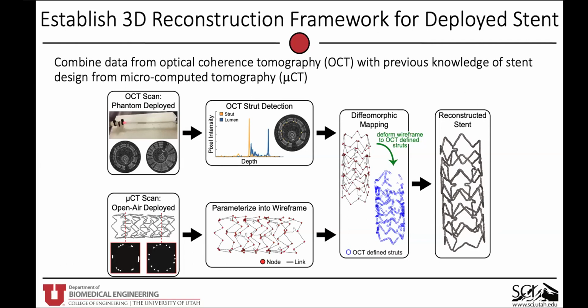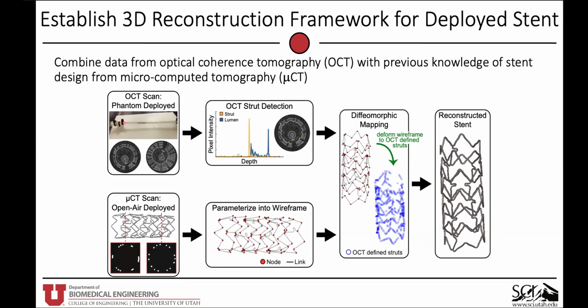So this was initially performed at the experimental level on the bench top, and we actually deployed stents in arterial phantoms. Optical coherence tomography imaging data, or OCT imaging data, was collected. These imaging data were segmented, which allowed us to create a 3D point cloud, shown in blue here, of the OCT defined stent struts.